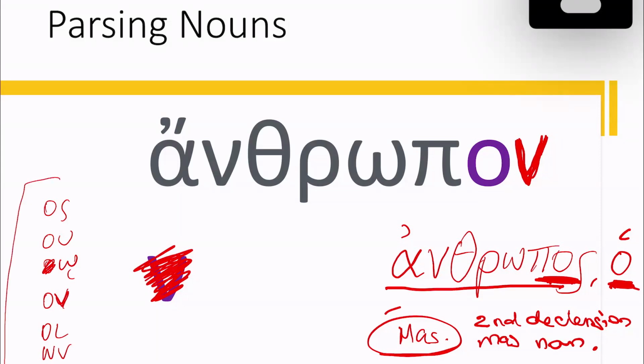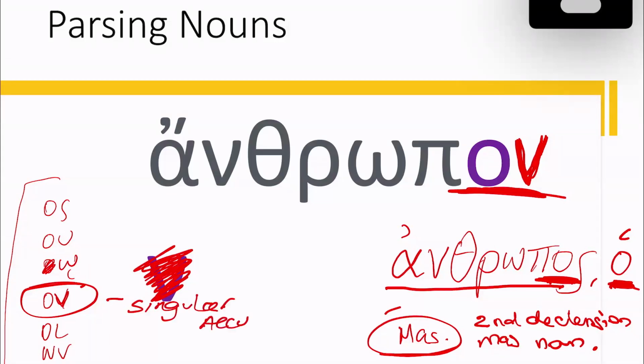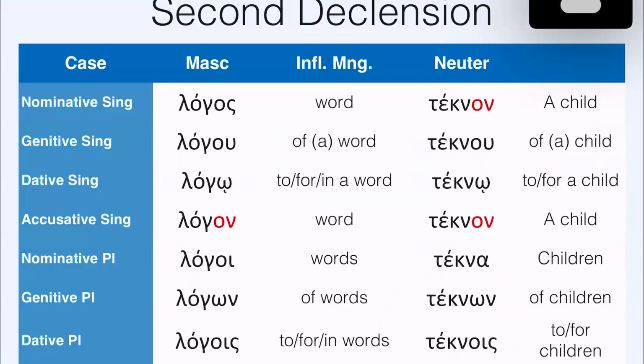I can go to my chart and I can go, okay, where's anthropon, that building block? Oh, it's here. Okay, this is singular and it is accusative. So I'll show you on my second declension chart. This is the form that we're looking at.